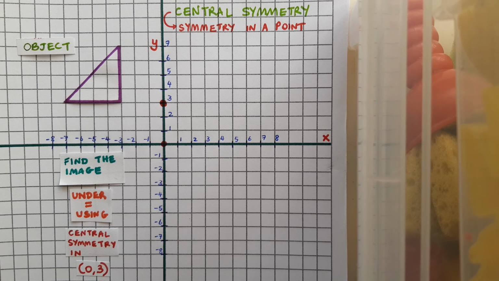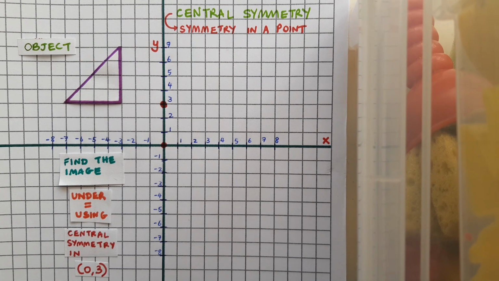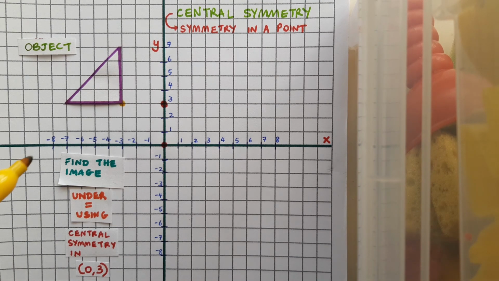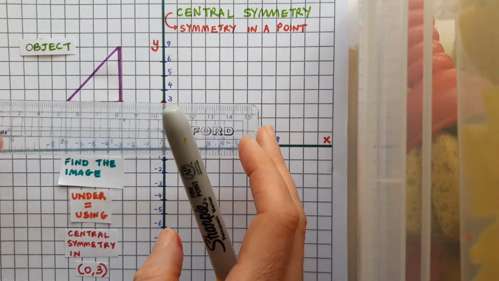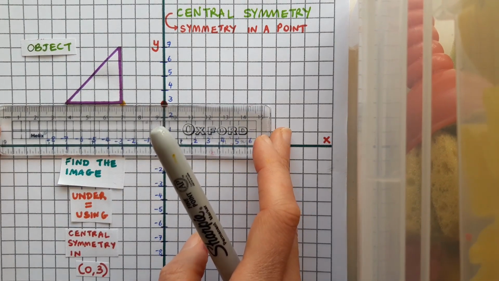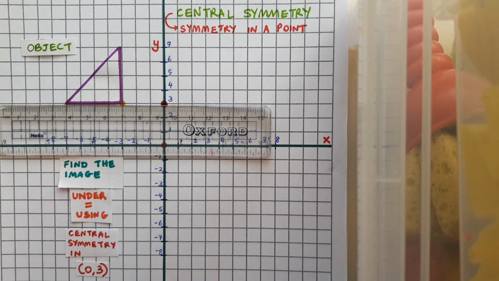To figure out where I should end up for my image vertices, I'll take each vertex of the object individually, and I'm going to start with this vertex here. I'm going to take my ruler and I'm going to line it up between my vertex and the point of symmetry.